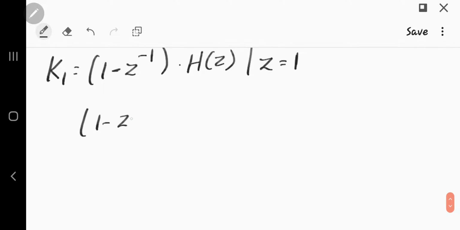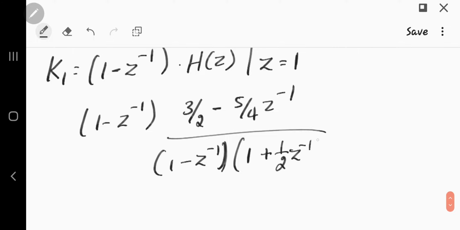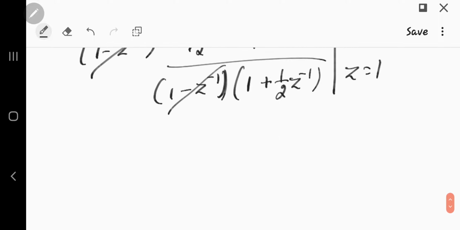So 1 minus z inverse into 3 by 2 minus 5 by 4 z inverse divided by 1 minus z inverse and 1 plus 1 by 2 z inverse, where z takes the value 1. So these two get cancelled.